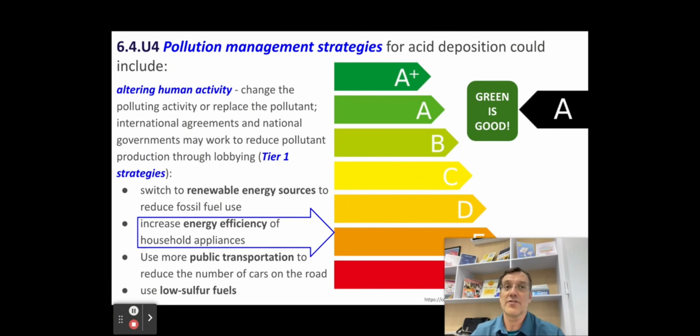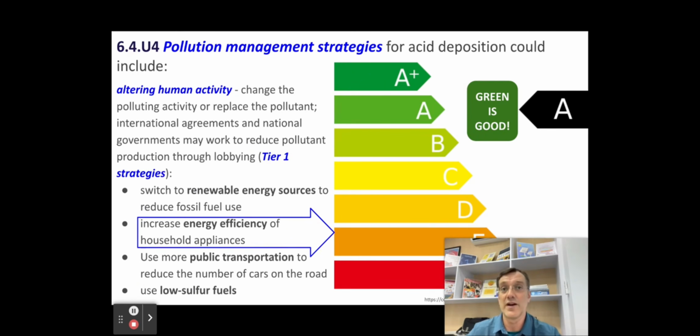To reduce the negative effects of acid deposition, we need to adopt pollution management strategies that involve altering human activity, regulating and monitoring the release of pollutants, and cleaning up and restoring damaged ecosystems. Some examples of these strategies are altering human activities. We can reduce our use of fossil fuels or use alternatives that produce less sulfur dioxide and oxides of nitrogen, such as natural gas, solar power, or wind power.